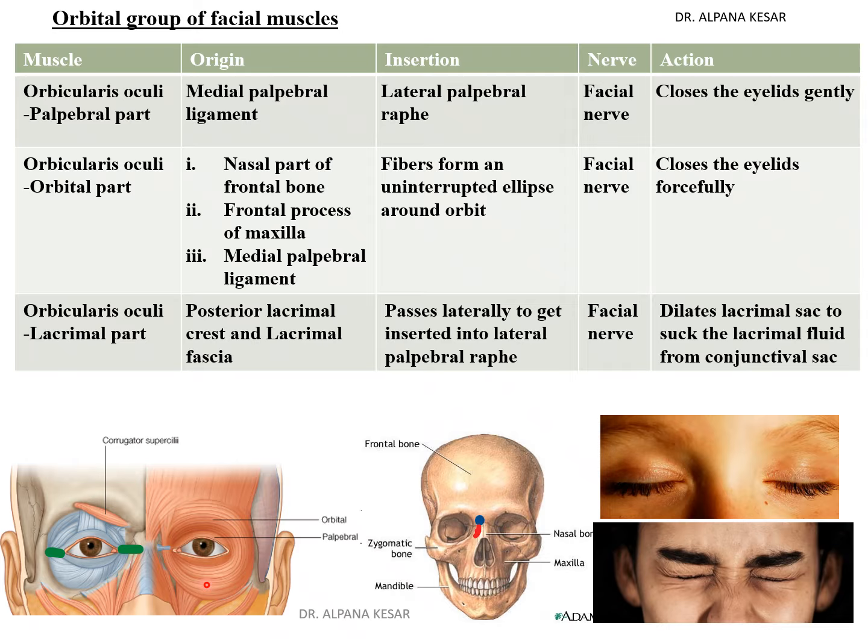When the orbicularis oculi muscle contracts, it helps in closure of the eyes. The palpebral part helps in gentle closure of the eyelids as in blinking, and the orbital part helps in tight closure of the eyes as when air or dust blows into the eyes.